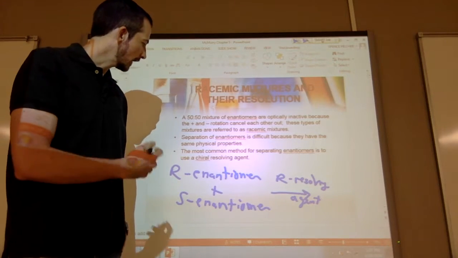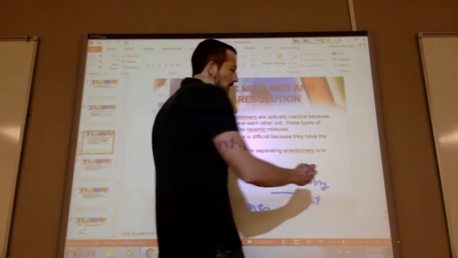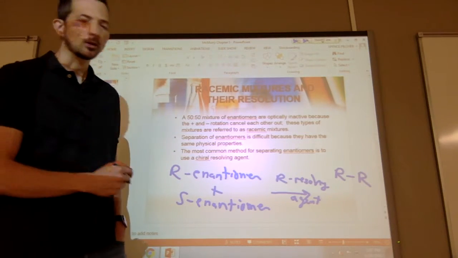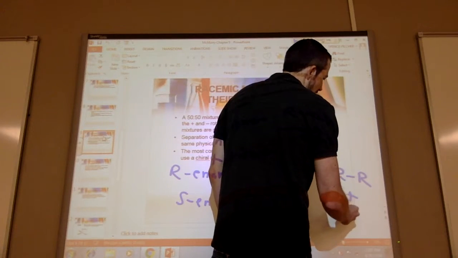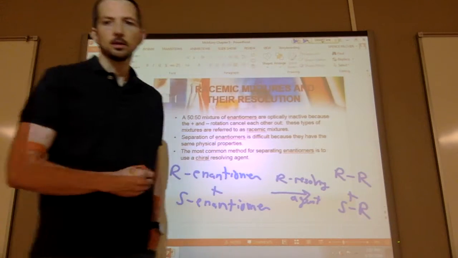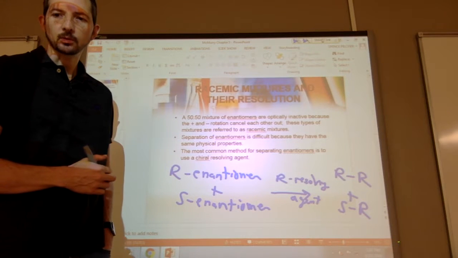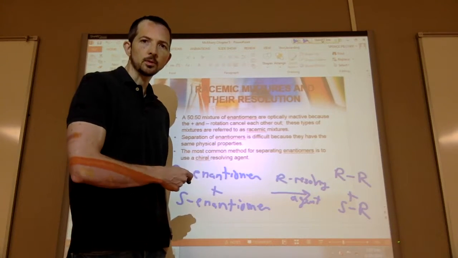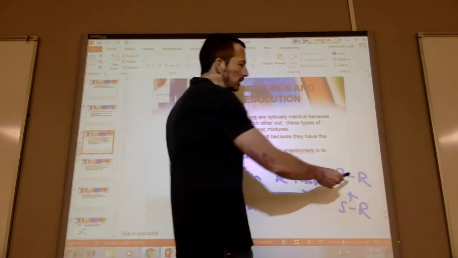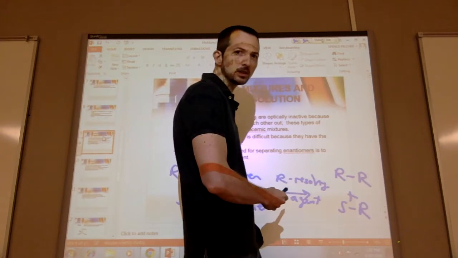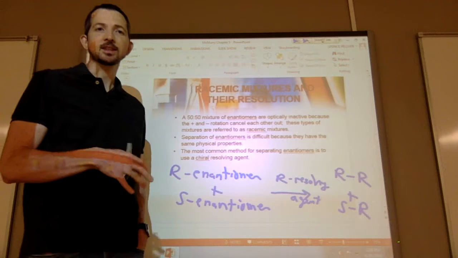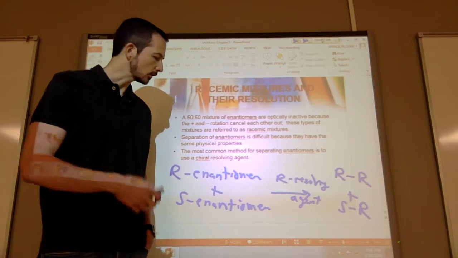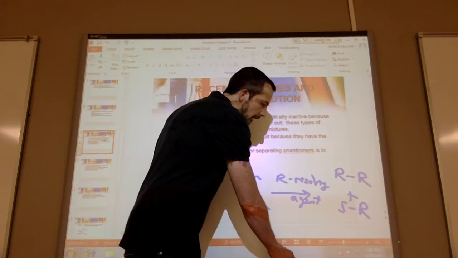So now it reacts with the R enantiomer, so I have two chiral centers. They're both R, then it reacts with the S, making a compound that would have two chiral centers, one being S and one being R. Now the relationship between those two would be diastereomers, because same configuration here, opposite configuration here. So now that I have diastereomers, diastereomers have different physical properties, and so they can be separated. So that's one way to separate a mixture of enantiomers.